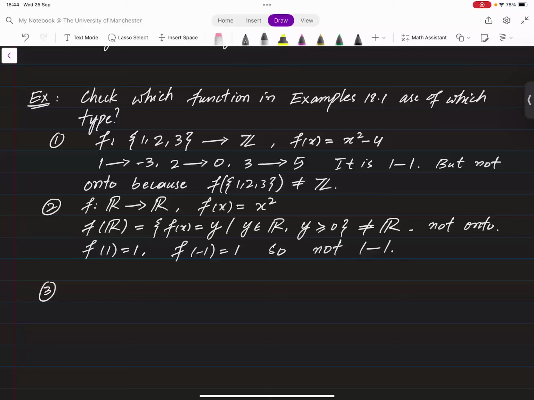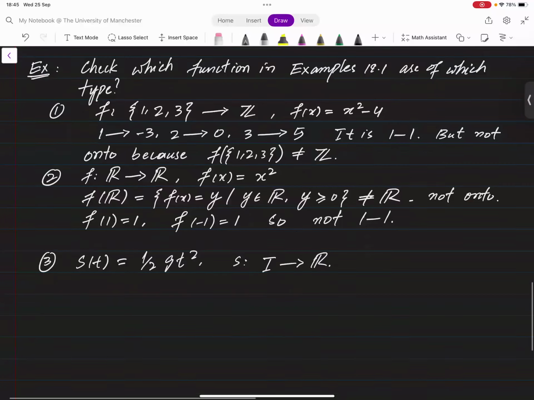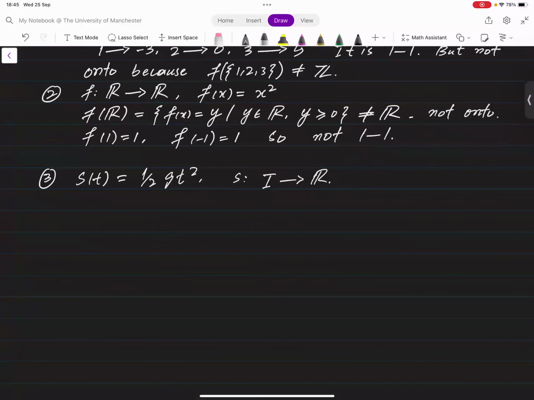Number 3 is the function s of t is 1 over 2 g t square, where s is a function from I to R. Now you can see every time you take a different time, you will get a different answer, and every time you take the same time, you will get the same answer.